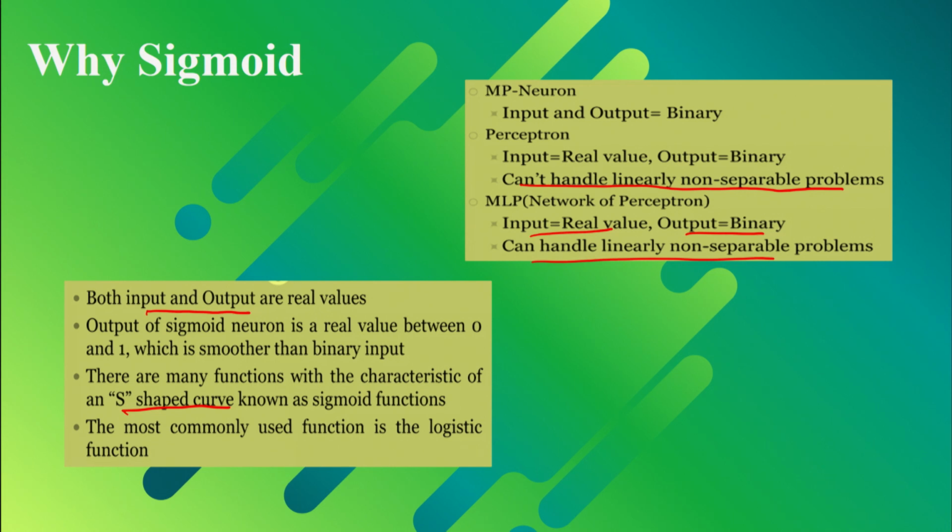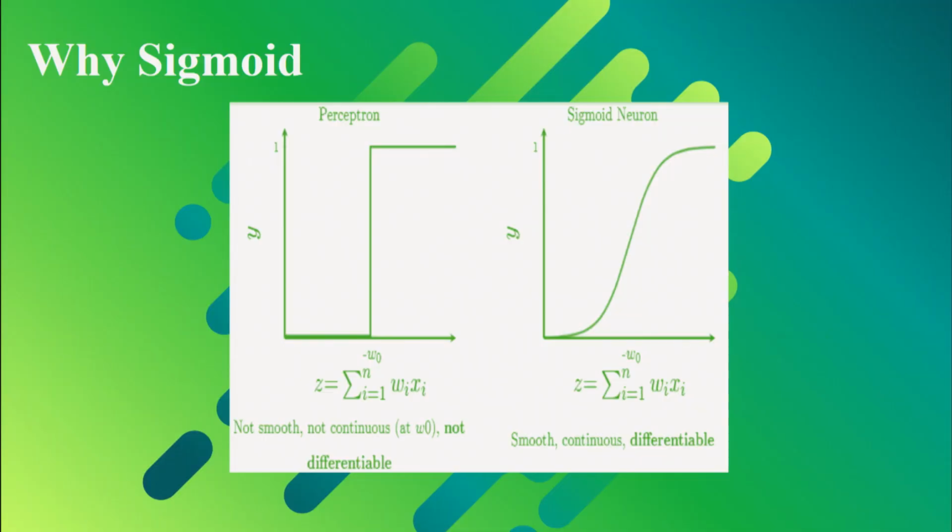This is an S shaped curve, and it is most commonly used in logistic functions. This is the main advantage of a sigmoid function. Graphically, a perceptron is not smooth and not a continuous function, while a sigmoid function is a smooth, continuous and differentiable function.